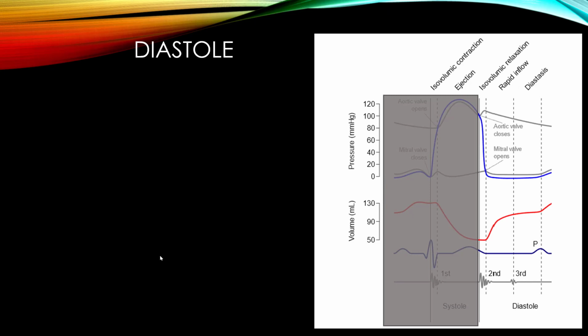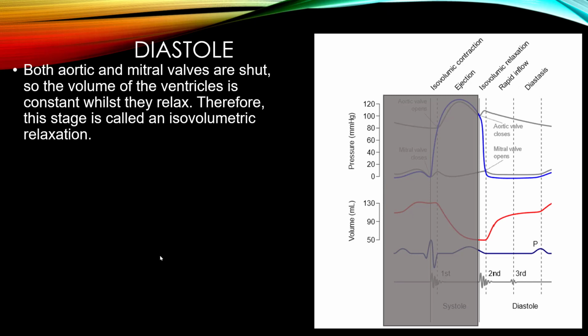Diastole. Both aortic and mitral valves are shut, so the volume of the ventricle is constant whilst they relax. Therefore, this stage is called isovolumic relaxation.